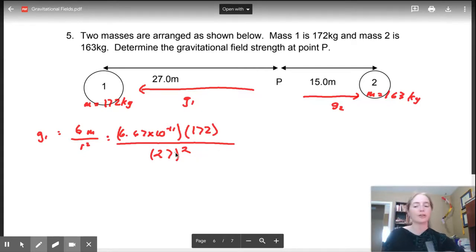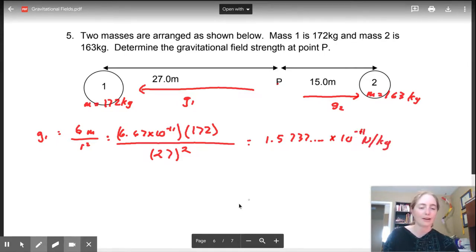Don't forget to square your radius. And we're going to wind up with a gravitational field at point P from G1 alone of 1.5737 times 10 to the negative 11 newtons per kilogram.